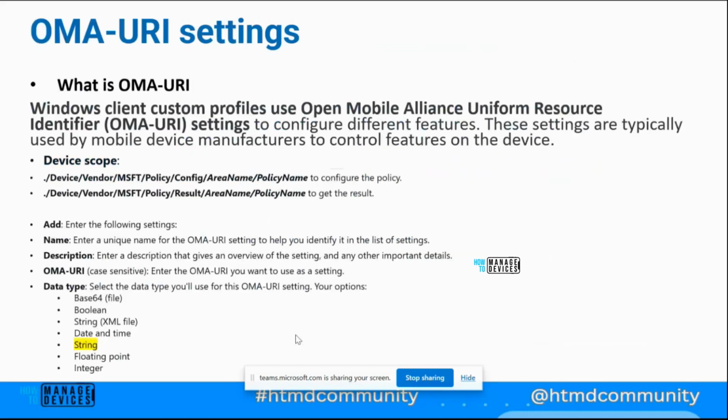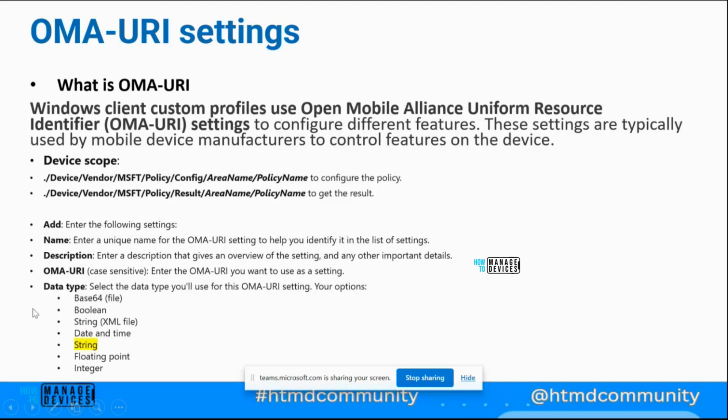What is OMA-URI? Again, I am not going to deep dive into the OMA-URI settings, but just giving a brief intro about that. Windows client custom profile, and it is an Open Mobile Alliance Uniform Resource Identifier that is called OMA-URI, used to configure different feature settings, and these settings are typically used by mobile device manufacturers to control their devices and features.